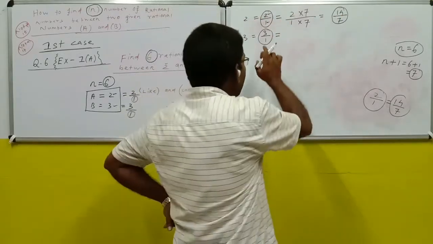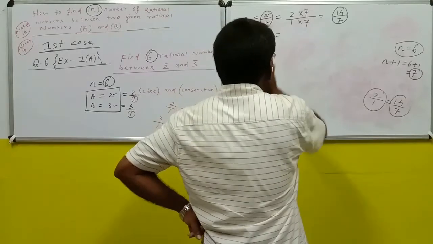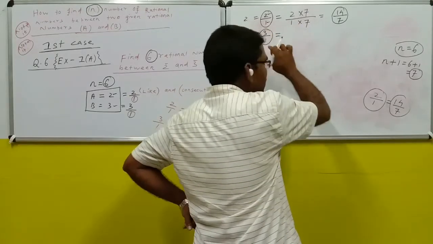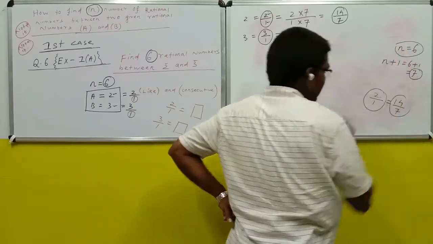Similarly, you have to find out the equivalent rational number of 3 by 1 by multiplying its numerator and denominator by the same number, that is 7.